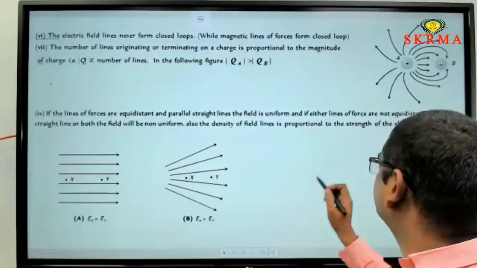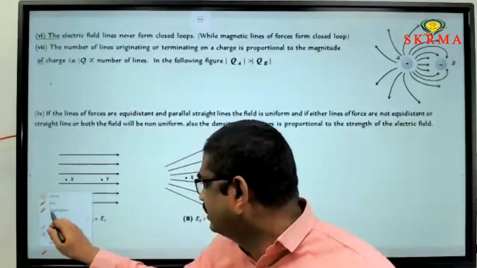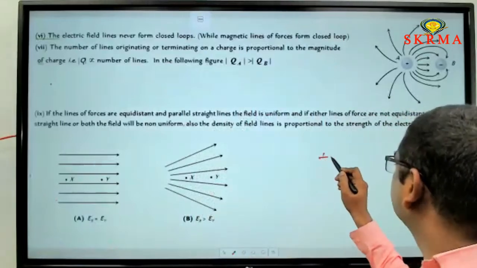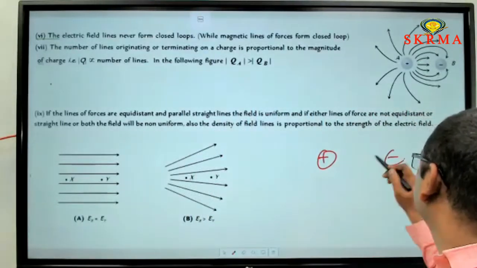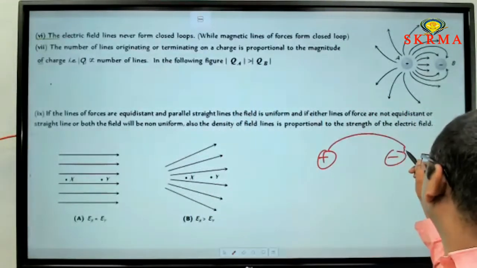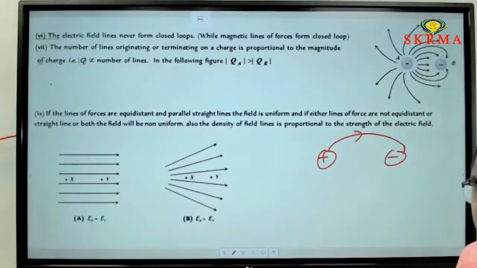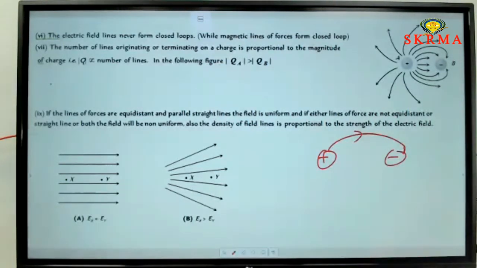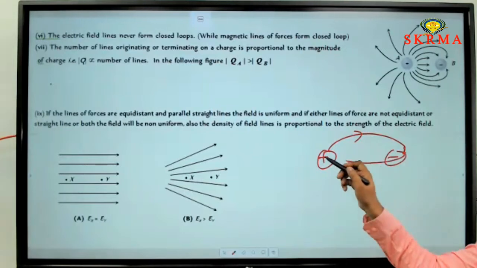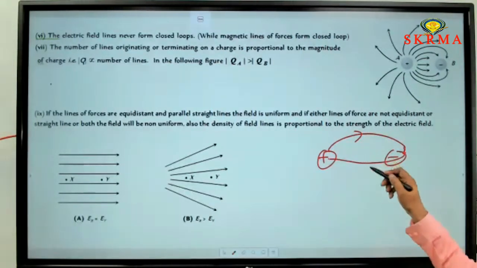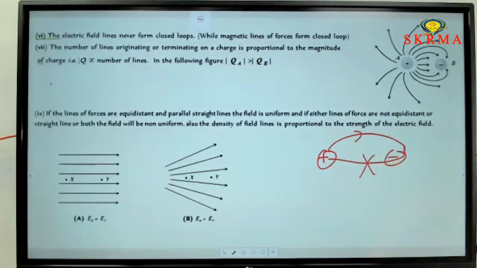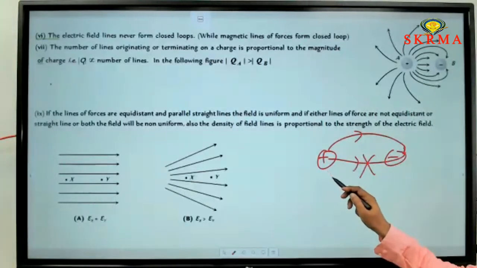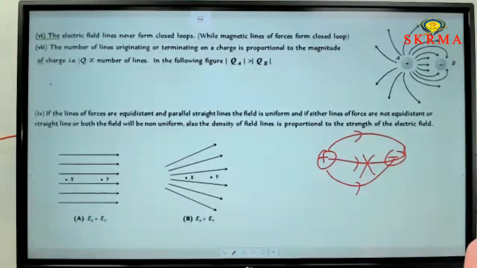For example, if you consider a positive charge, the field starts at the positive charge and ends at a negative charge only. These will not form a closed loop. So always the electric field starts at a positive and ends at a negative only.